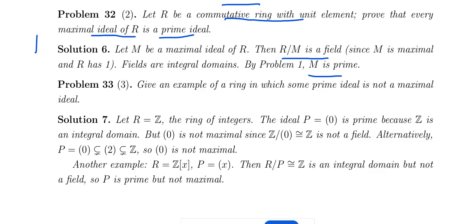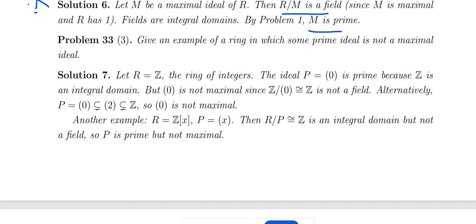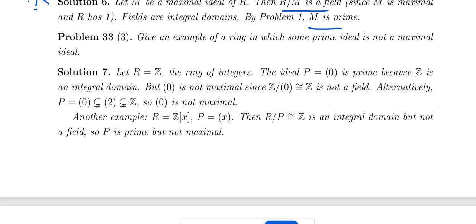Now give an example of a ring with a prime ideal that is not a maximal ideal. Which is a good example? R = Z, the ring of integers. Define the ideal P = {0}, which is prime because Z is an integral domain.